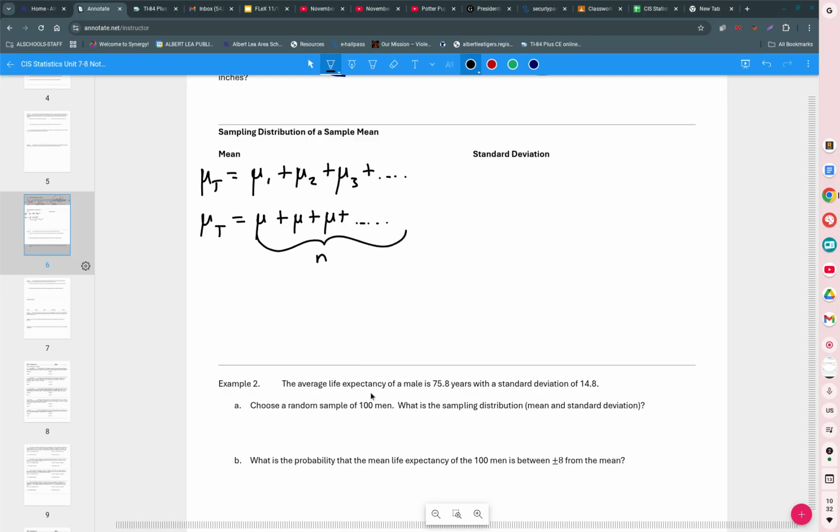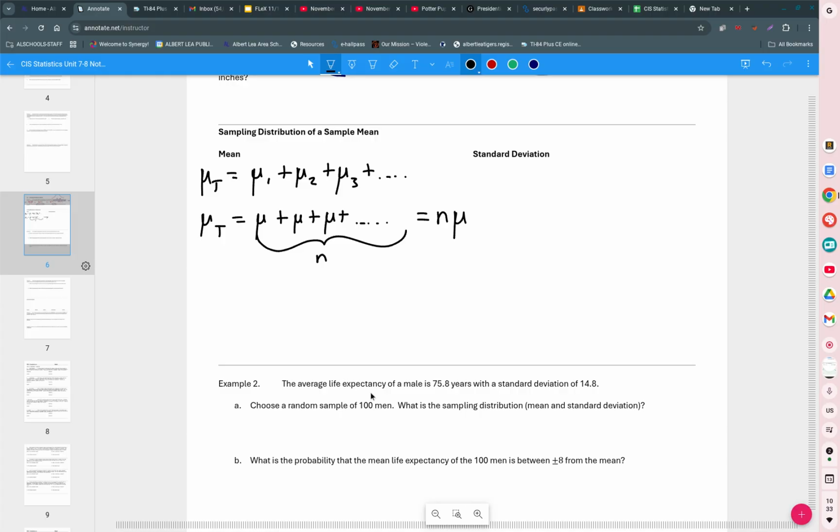And we're going to add up n of those means. So if we add up n of those means, the total computation comes to n times mu. That's what they're all going to add up to.